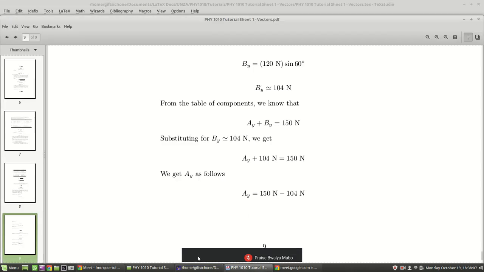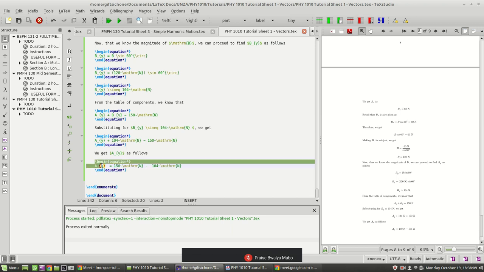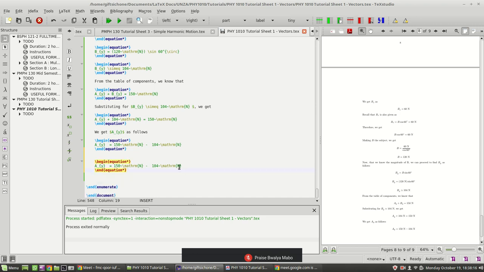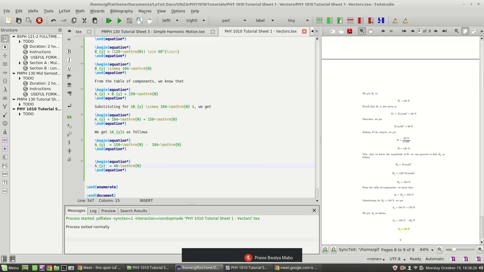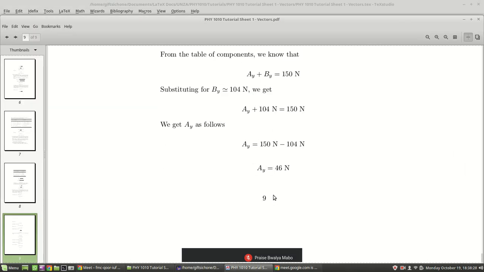How much do we get for Ay? 46 newtons. So Ay is equal to 46 newtons.